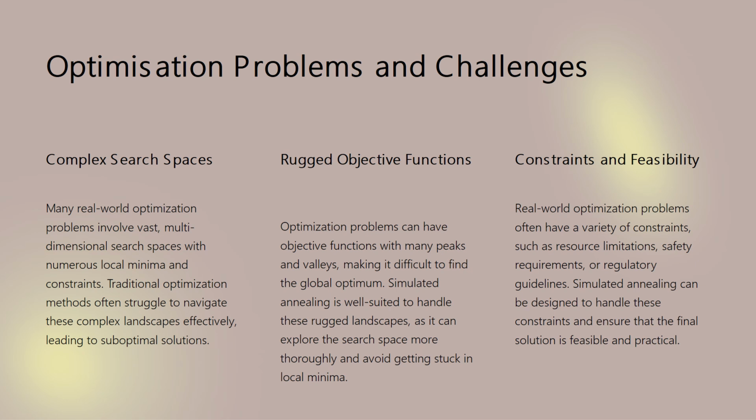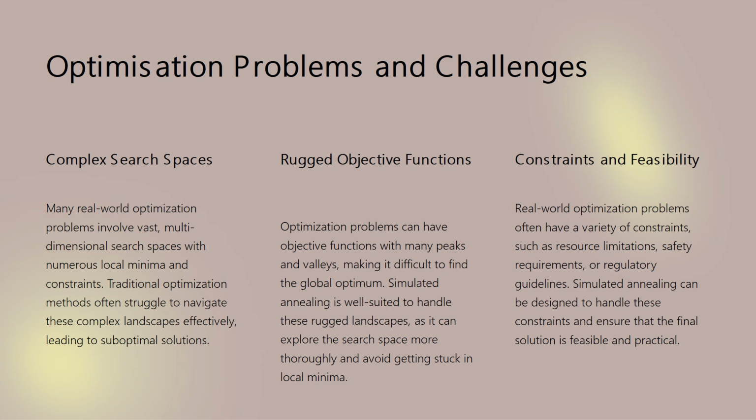Traditional optimization methods often struggle to navigate these complex landscapes effectively, leading to suboptimal solutions. Under rugged objective functions, optimization problems can have objective functions with many peaks and valleys, making it difficult to find the global optimum.